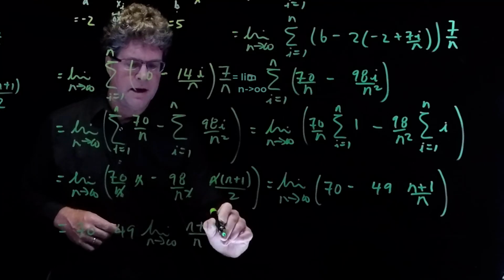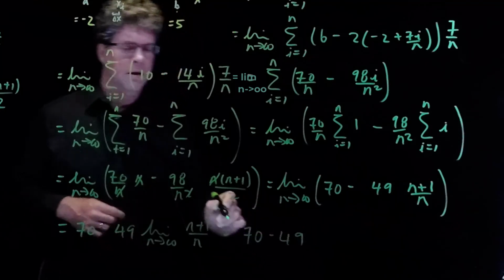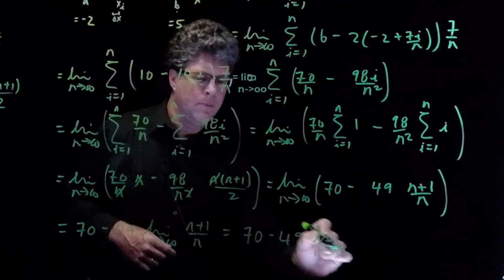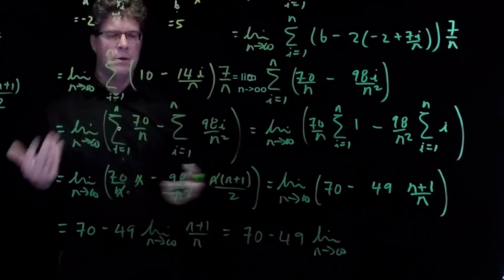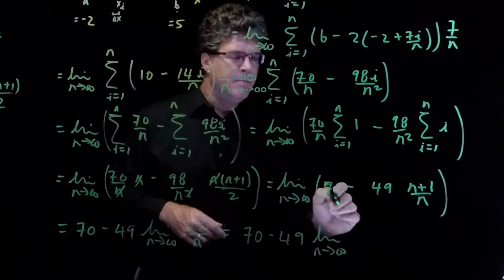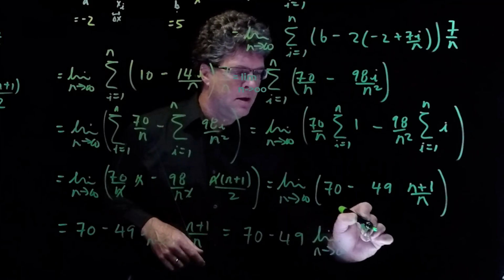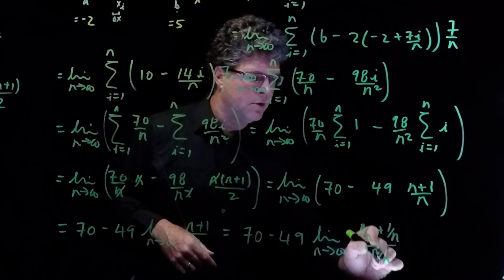Now we just divide the top and bottom by the highest power of n in the bottom, and that'll be n over n plus 1 over n, divided by n over n.